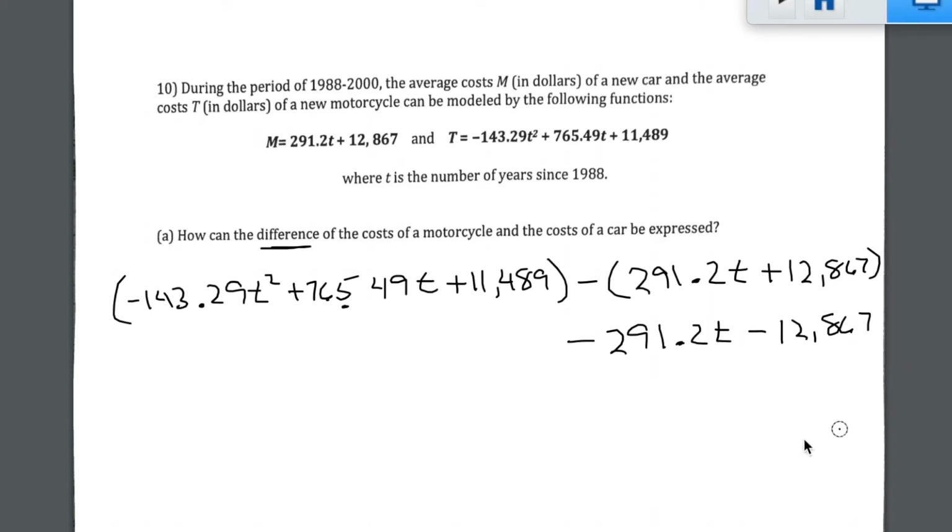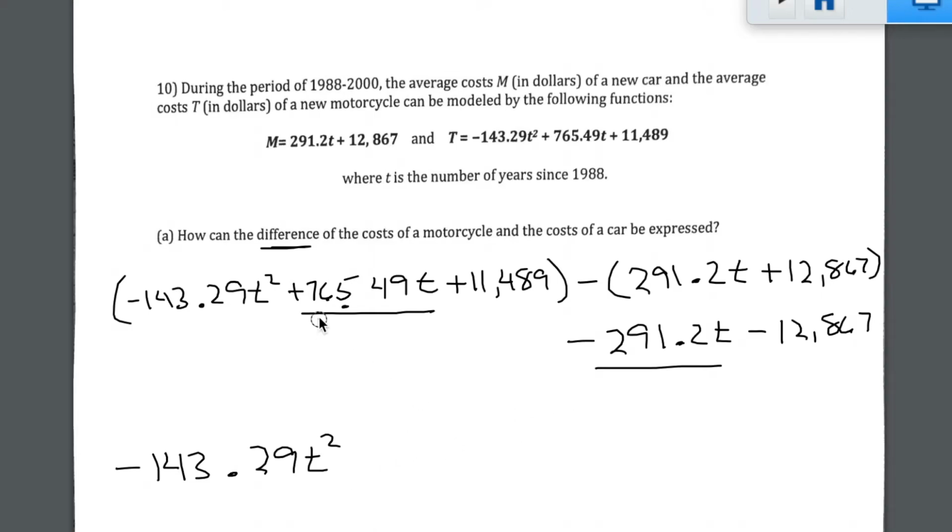12,867. I'm going to leave this in here for right now because it's really long to rewrite, and I'm going to go and combine my like terms. This is the only t squared, so that's going into my answer, negative 143.29 t squared. Plus, now we have like terms. They're different signs, so we subtract.